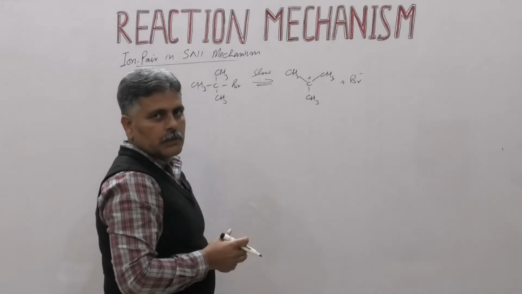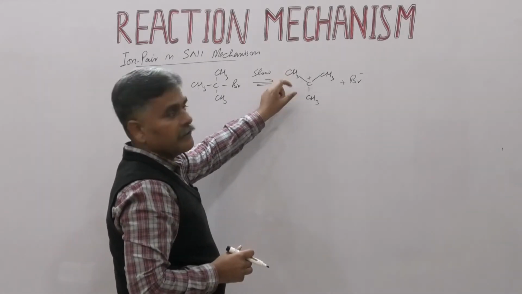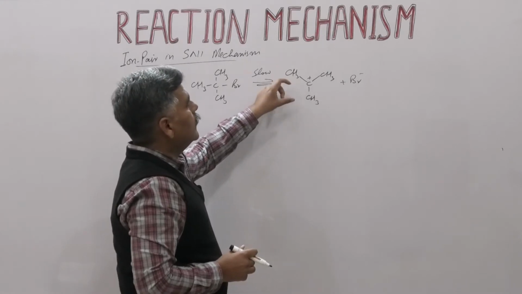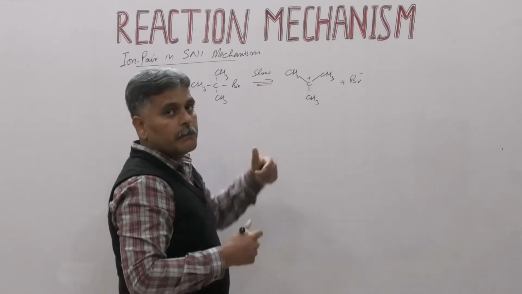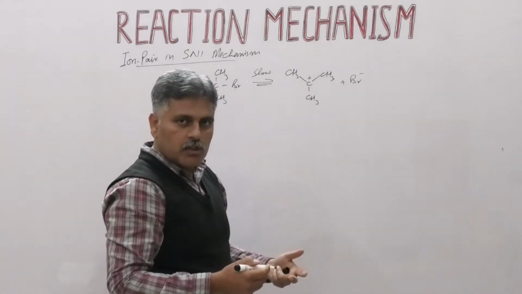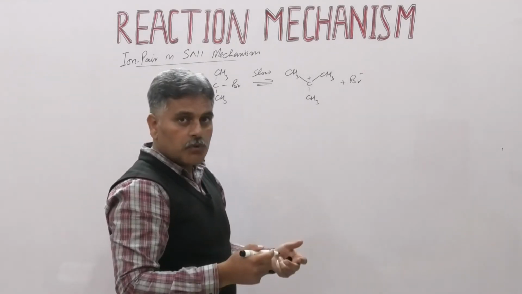If this carbon is a chiral carbon, suppose these two groups are different. So if the carbon possesses different groups, then it may be a positive enantiomer or a negative enantiomer, I mean dextrorotatory enantiomer or levorotatory enantiomer.